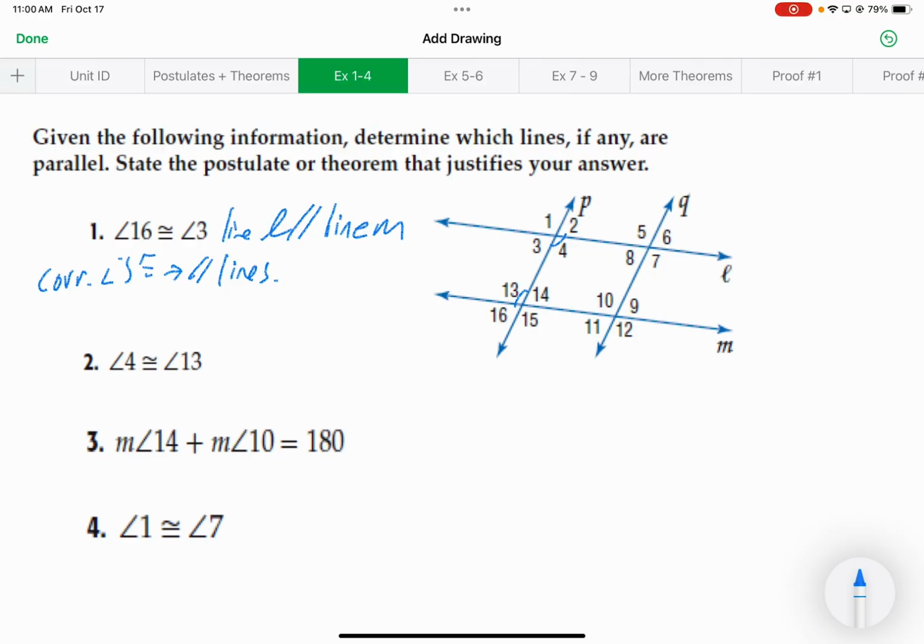L and M again, right? Because 4 goes along with L and 4 goes along with M. They both are connected to P, but that's my transversal. So I would say line L parallel to line M, because alternate interior angles congruent imply parallel lines.